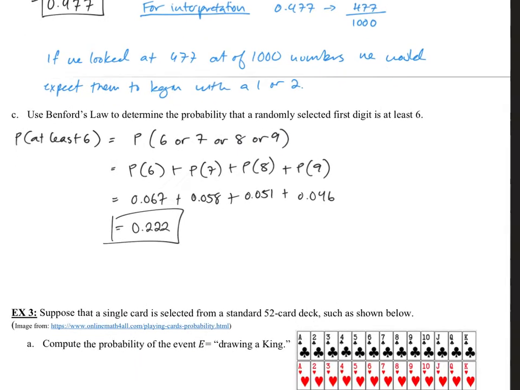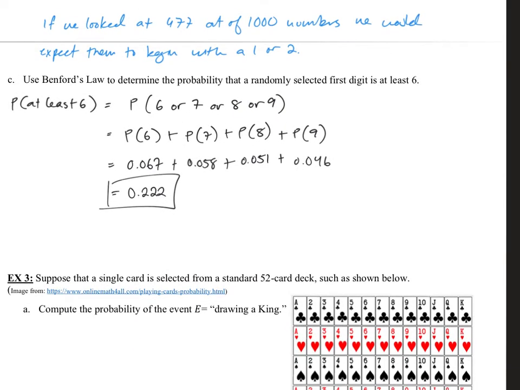So if we looked at the next one, what would our interpretation be for this? Well, I'm going to go ahead and write that over 1,000 to get rid of the decimals.